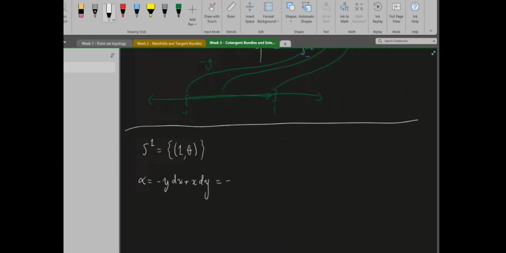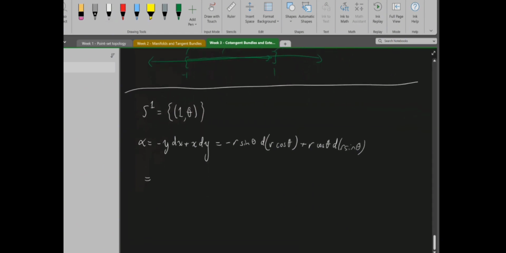But this is, of course, by the polar coordinate transformation, -r sine theta d(r cosine theta) plus 2r cosine theta d(r sine theta). And we should be able to simplify this into basis forms.